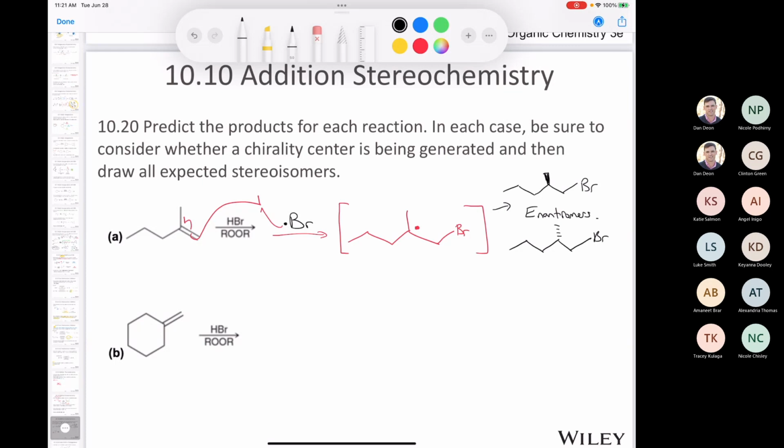What about the next one? Could anybody tell me how many products I would get from B? Is anybody able to just look at that and say, you'd get 1, 2, 3, 4, I don't know. How many different products you could get from this one?